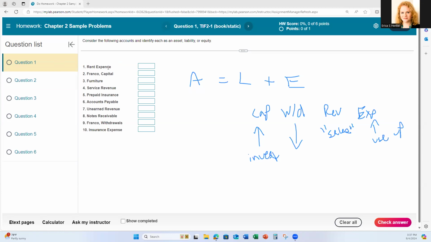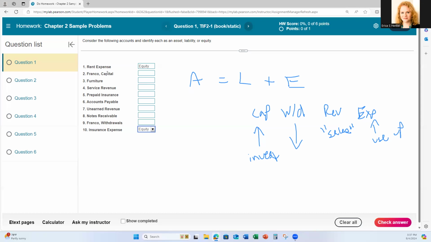So anything that says expense, we can immediately go down here and consider whether that is actually equity. All right, so rent expense, we've used up the rent, that would be equity. Scrolling down here, insurance expense, we've used up our insurance that we maybe prepaid for, maybe not. That would be equity also.